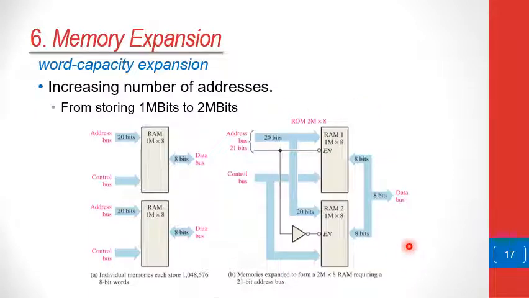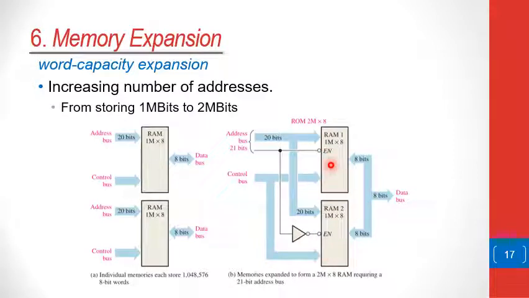And the way this can be done is simply by the following configuration. So we add a single bit, the most significant bit of an address, just one, so that we enable one of these RAMs, one of the memories at once. So in this case, we just add a single bit, the 21st bit of the address bus, and then this 21st bit will go to the enable input.